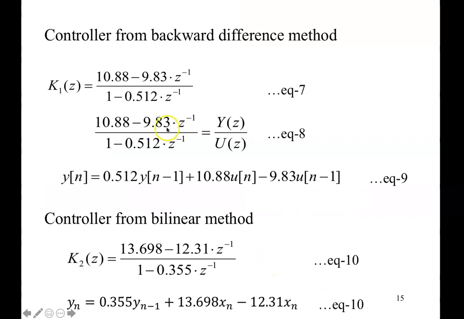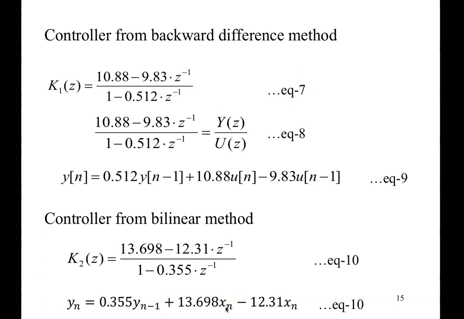For the backward difference, I can do a cross multiplication and end up with the actual control algorithm. Multiply Y(z) into the denominator, multiply U(z) into the numerator, then do an inverse z transform, reorganize it, and leave y[n] on the left-hand side. Same approach for the bilinear method, and you end up with y[n] equals this. That's how you implement it.